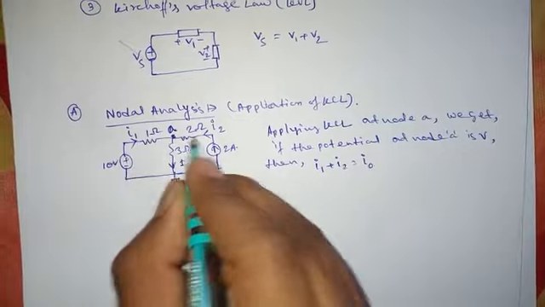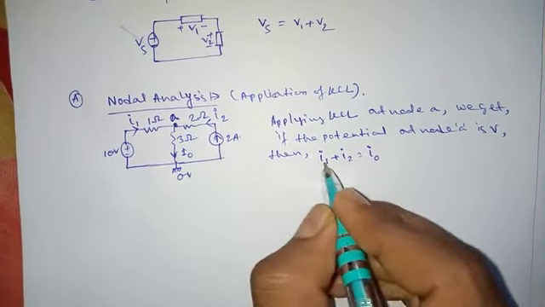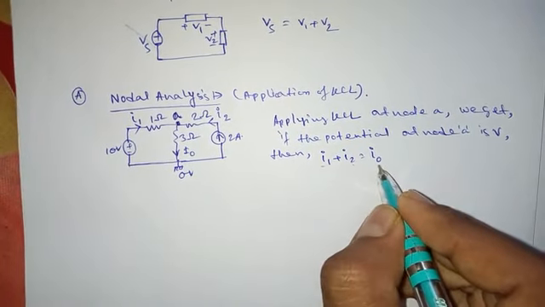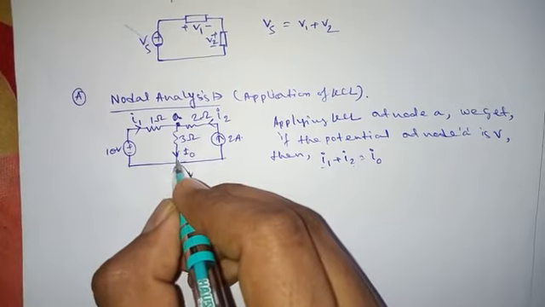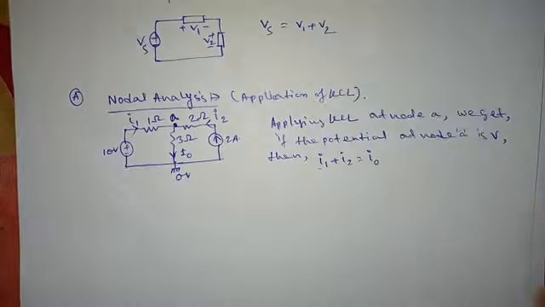Here I1 and I2 are the entering currents at the node, so the algebraic sum of all entering current is equal to the algebraic sum of all leaving current. Here the leaving current is only I0.